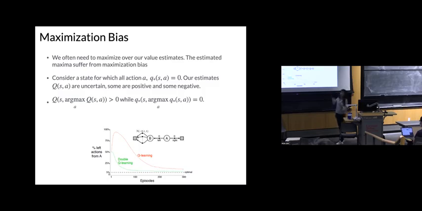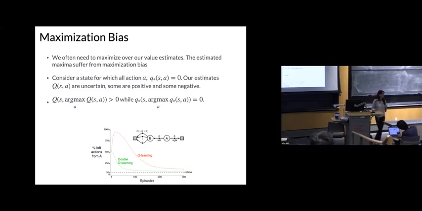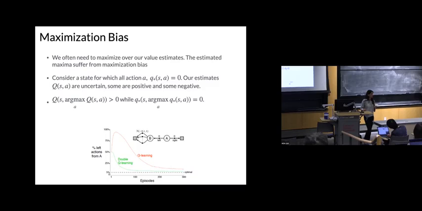Unfortunately, because you're using the estimate capital Q, this can be misleading, can be above 0. Do you see the problem? Essentially, that's what you see in the two curves: if you do Q learning, it takes you a very long time to realize that you just need to go to the right.